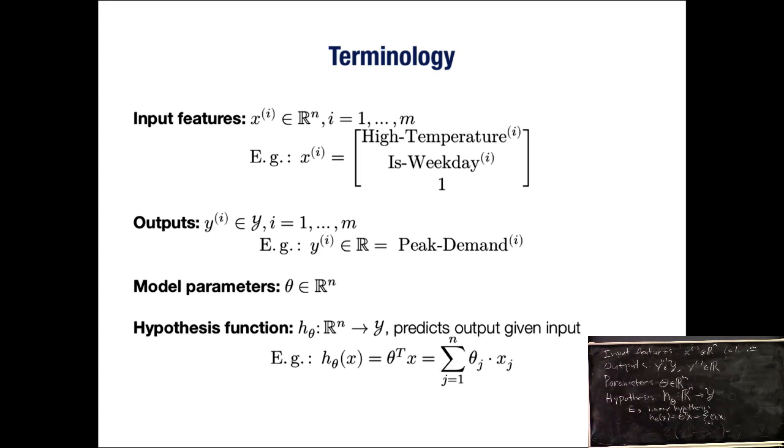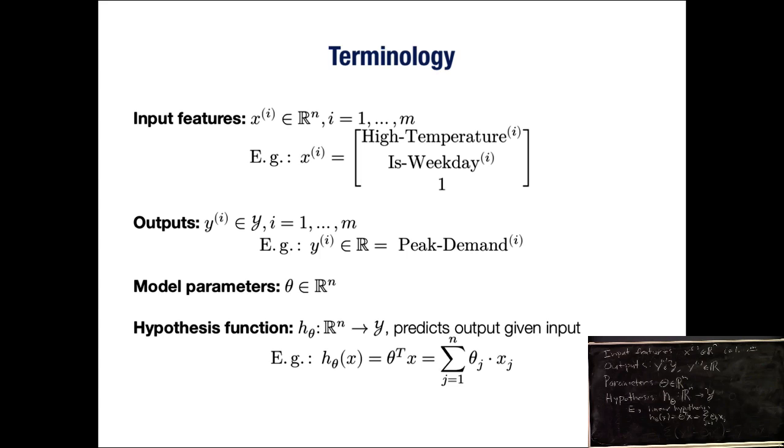I used i there, so let me use j instead: the sum from j equals 1 to n of theta_j x_j. I usually avoid indexing into the thetas or the x's. That's what linear algebra buys us, so we don't have to worry about that, but we always can if we want to.